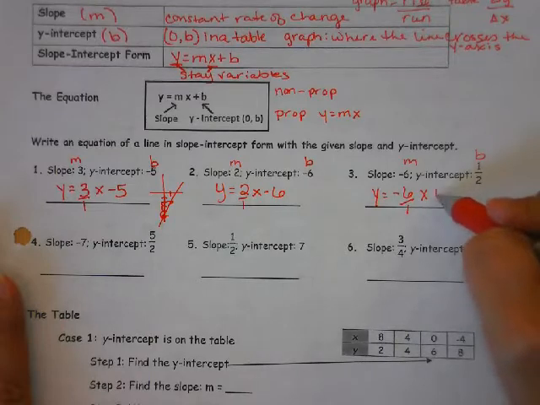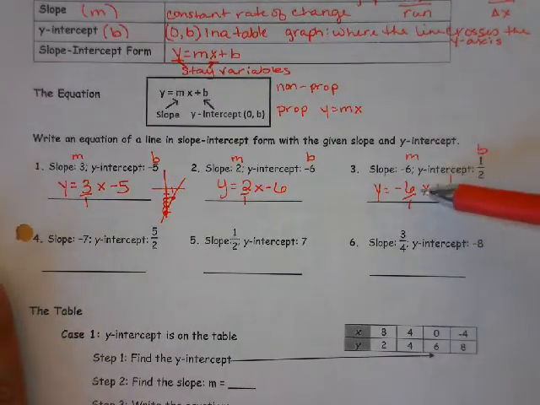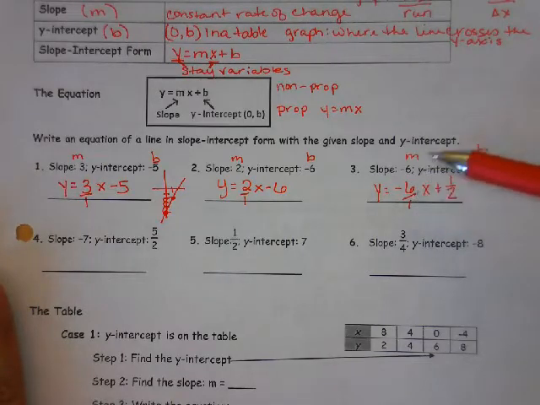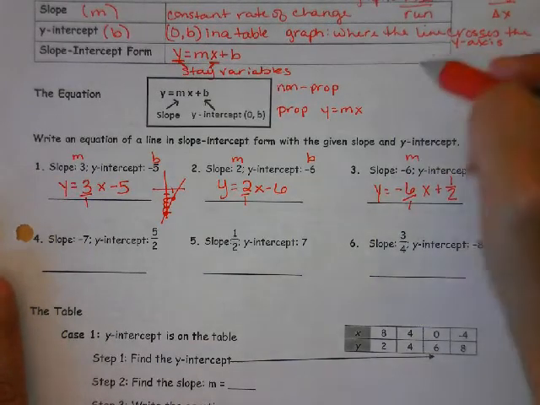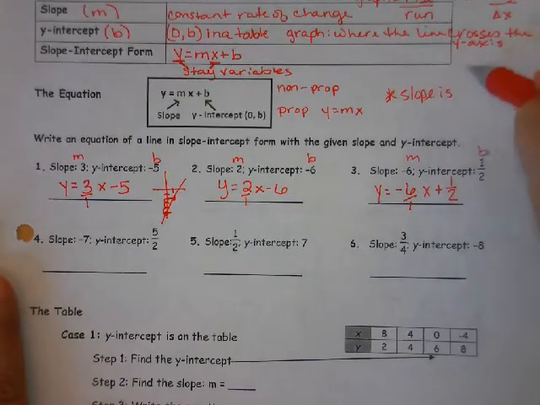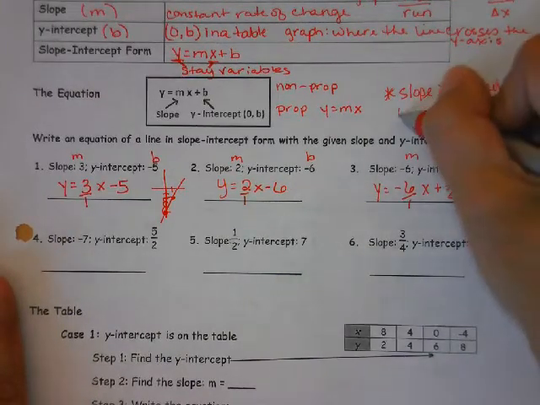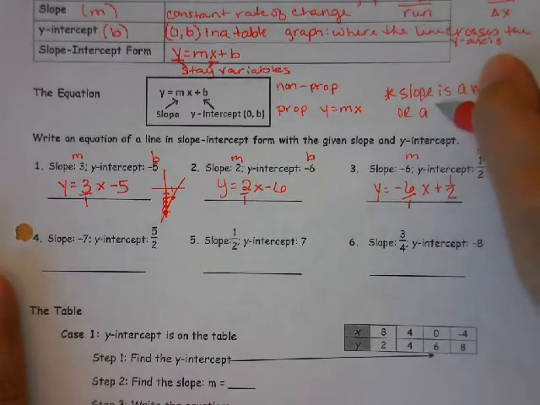Times x plus 1/2. Now, we talked a while back about fractions. We need to leave slope as a fraction. All right, so let's make a little note. Slope is a whole number because we can very easily make that into a fraction, or a fraction.